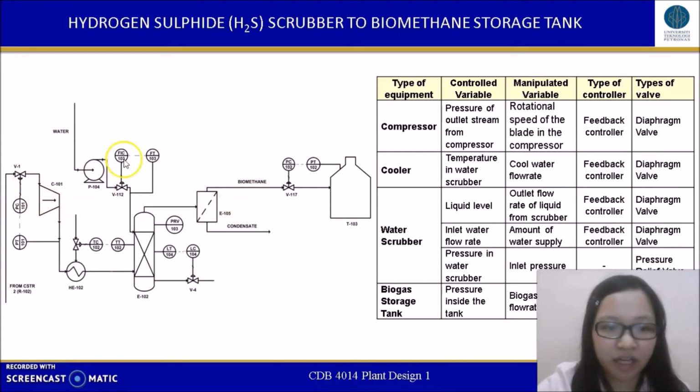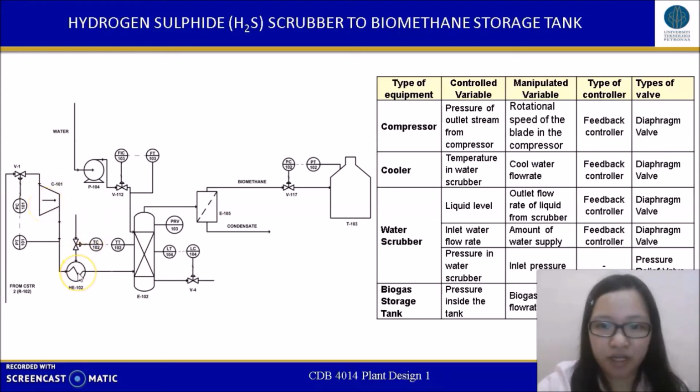So in this diagram, the type of equipment that needs to be controlled are compressor, cooler, water scrubber, and the biogas storage tank here. So for the compressor, the control variable will be the pressure of the outlet stream from the compressor, and the manipulated variable is the rotational speed of the blade in the compressor.